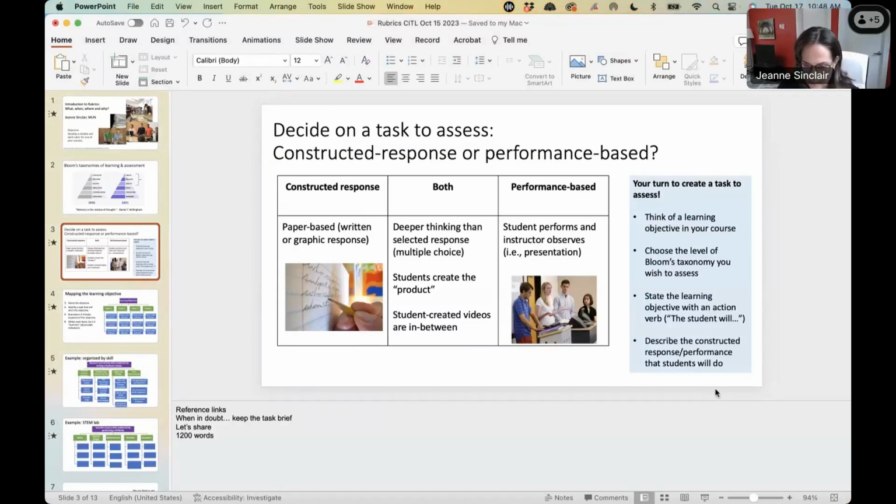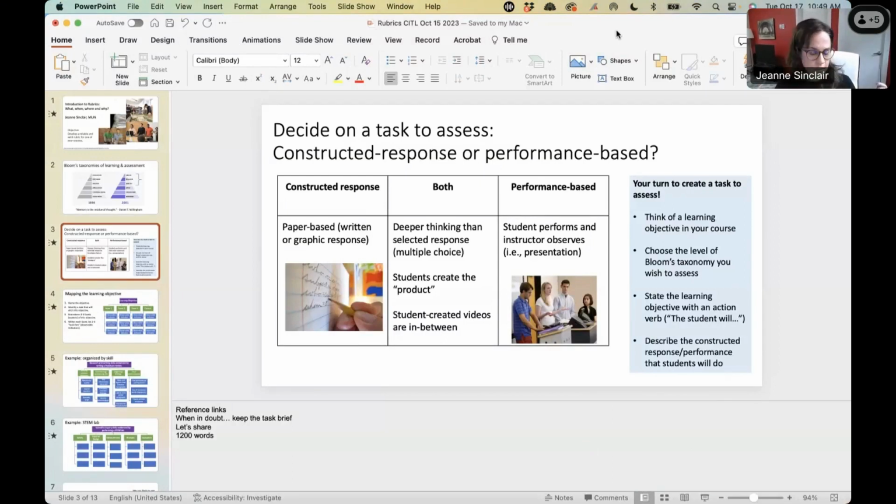I do want to say, I have my little notes here. I suggest short activities, short tasks. I personally am not a big fan of even a 10-page paper, let alone a 20-page paper. I have gotten my absolute best responses from students when I limit my assignments to only about 1,200 words because they have to write concisely.